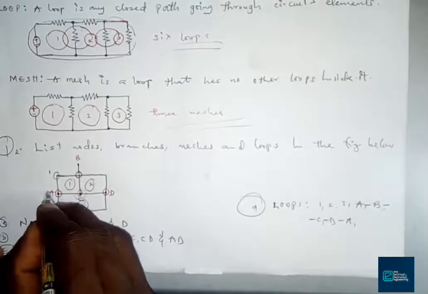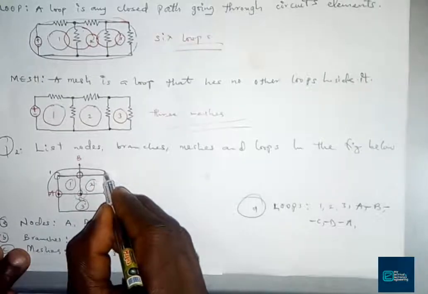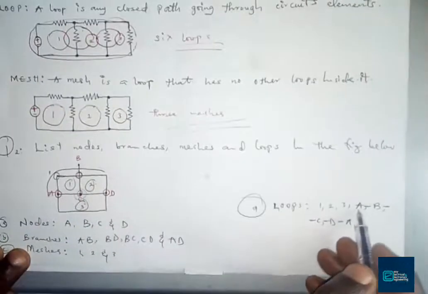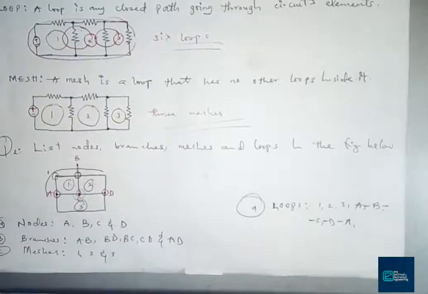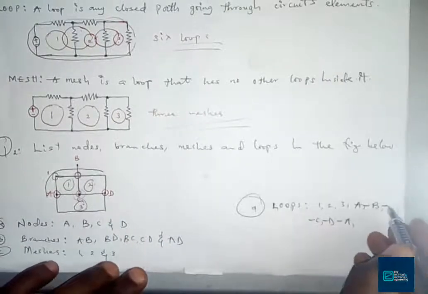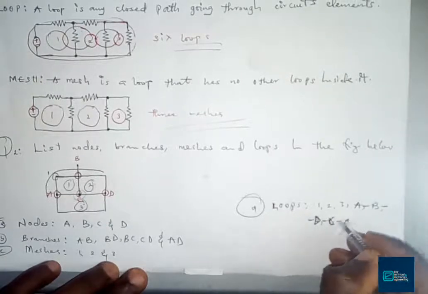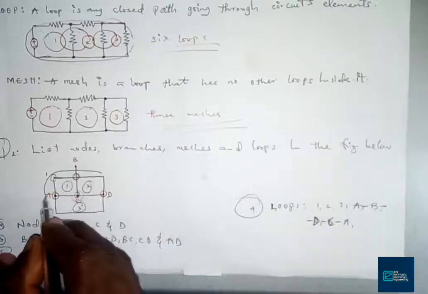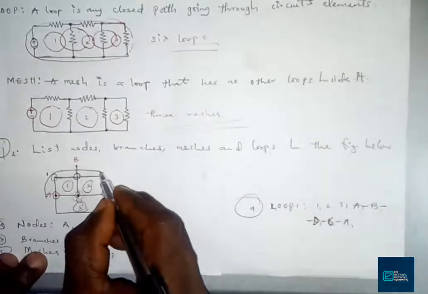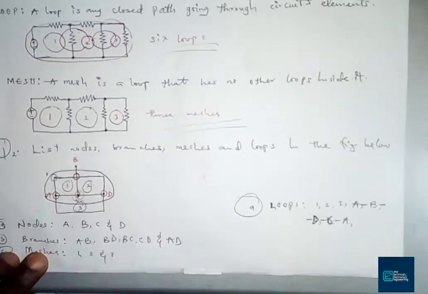We are starting from A, B, then D first before C, and here comes the last. So we have A, B, D, C, back to A, and it's a loop.